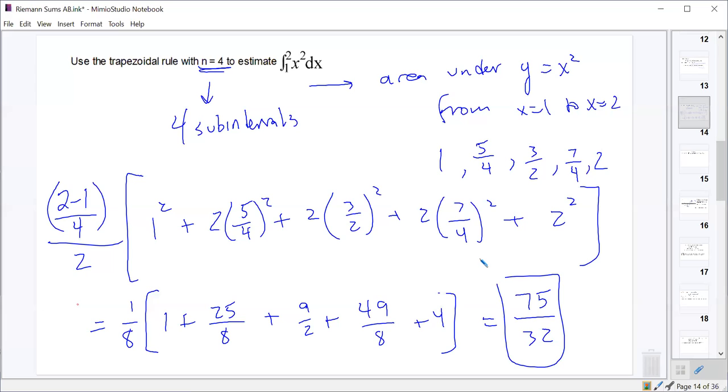Going back, what does that symbol really mean? Where it's just to estimate, like, is that like an f sub 1 squared x squared d of x thing? I'm not sure what you're asking. Which one? What are you asking about? In the question where it says use the trapezoidal rule with n equals 4 to estimate. Yeah, that technically is an integral sign, which we're going to talk about in a minute.